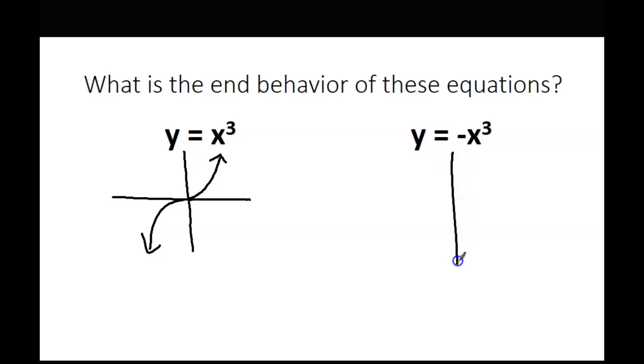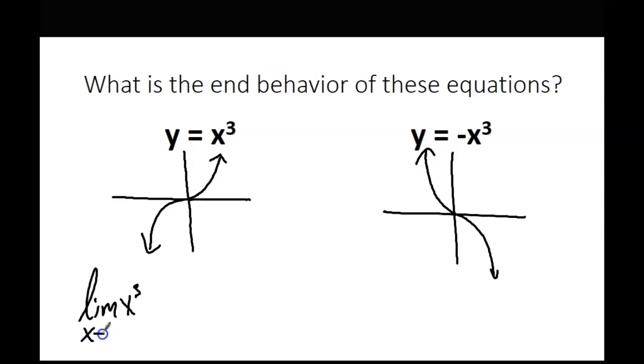Now over here, this is negative x cubed. Negative x cubed looks like this. So, what is this function approaching as x approaches negative infinity? The answer is negative infinity. As x moves to the left, y goes down.